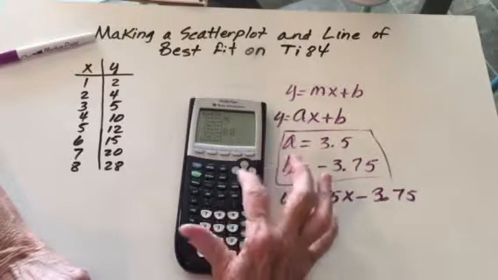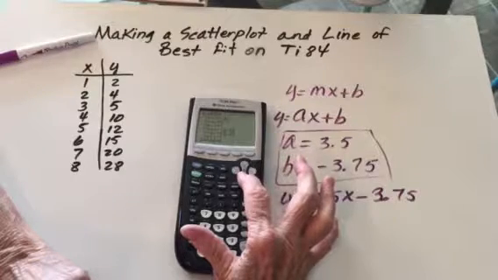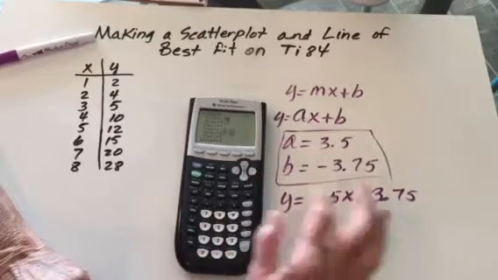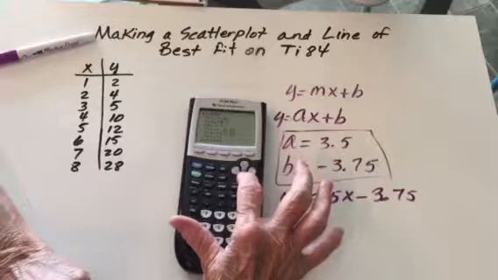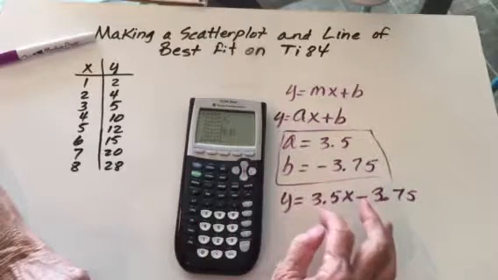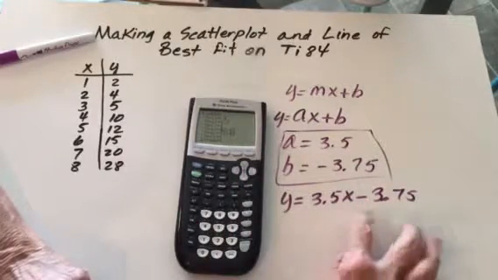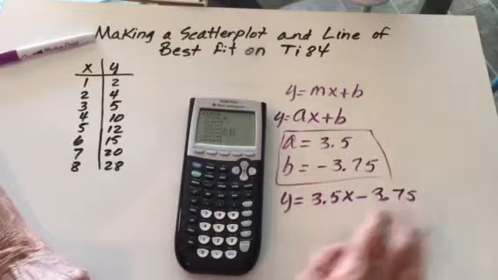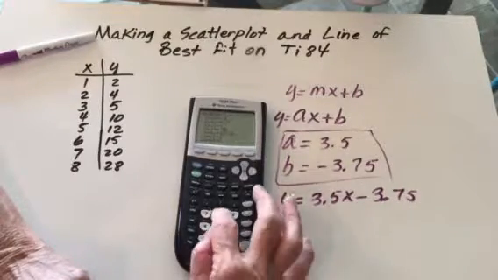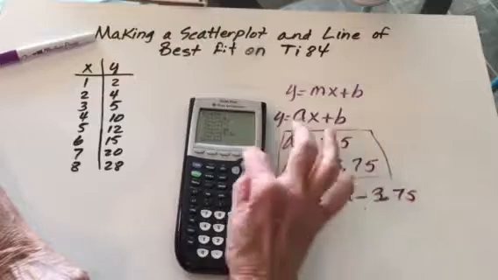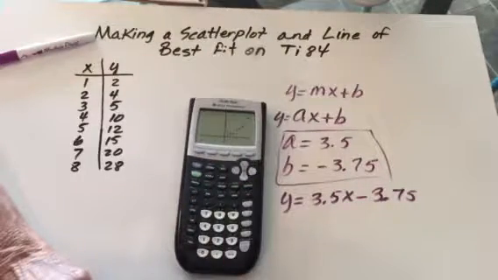I'll just say whatever. The x maximum is fine the way it is. The y minimum right now, I want it to go down because it's negative 3.75. Let's have it go down to negative 8. Okay? Now let's graph it and see what happens.